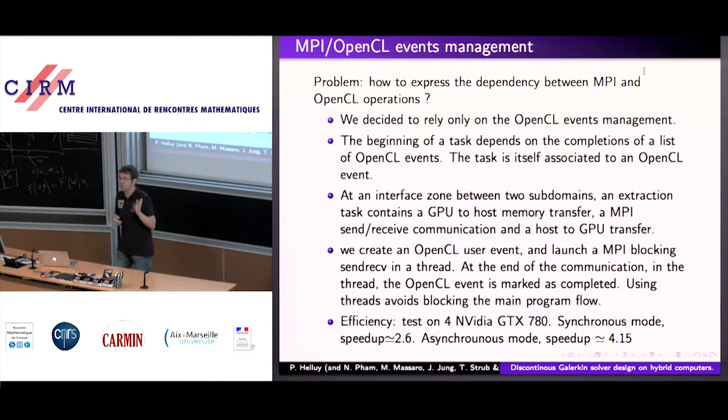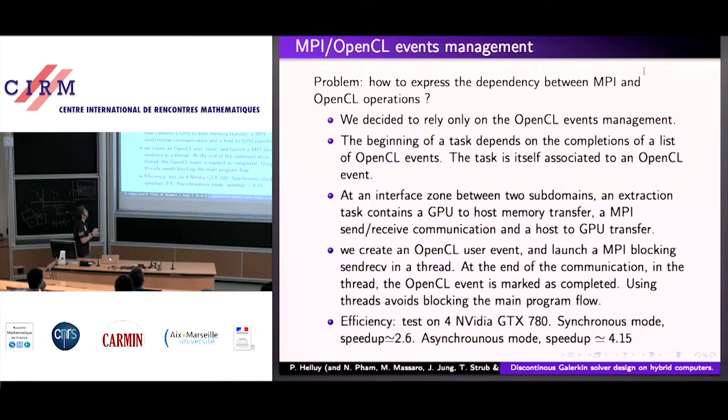Okay, so it's a technical point, but we have not found other solutions than doing this if we want to perform fully asynchronous computations. And in the end, we are very happy because recently we have performed efficiency tests with Thomas Strub in Accessim.